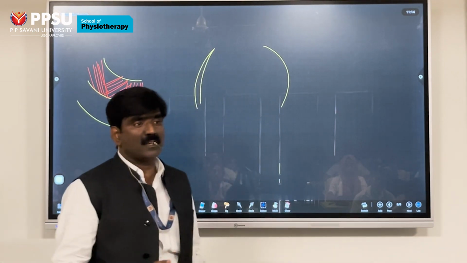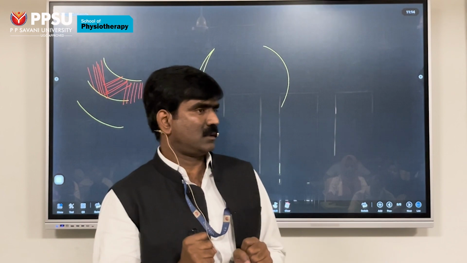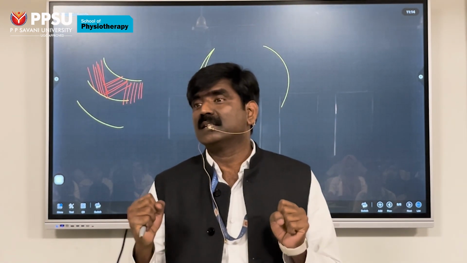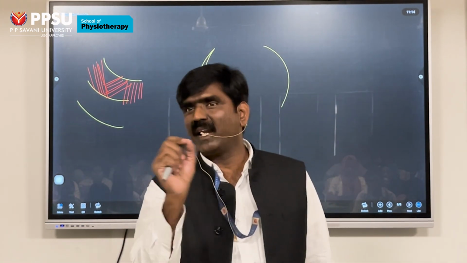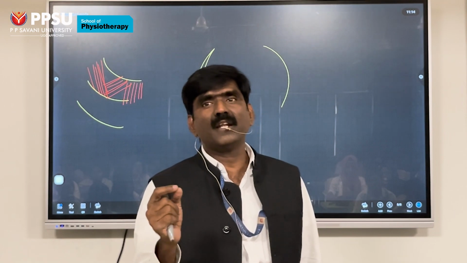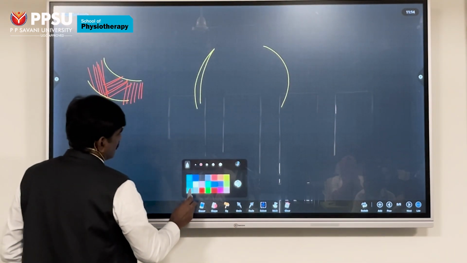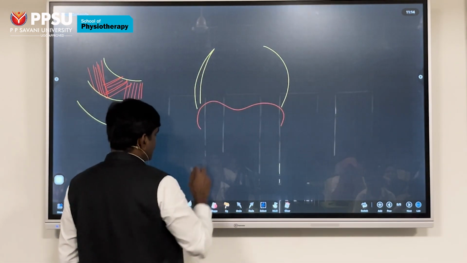What are the other functions of the intercostal muscles? The other main function of the intercostal muscles is that they stabilize the chest wall during inspiration and expiration. See, when the diaphragm muscle is contracting, what example have we taken?